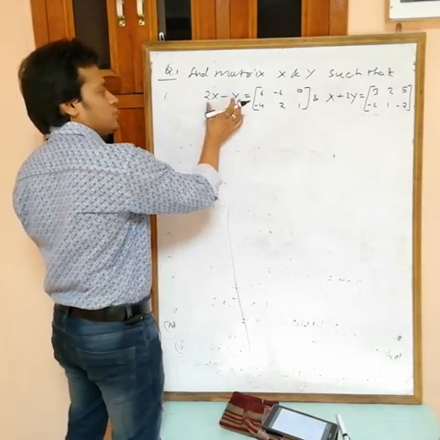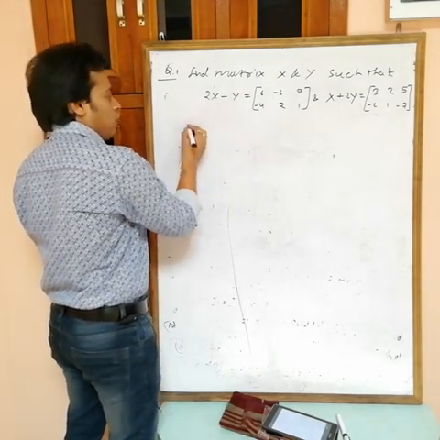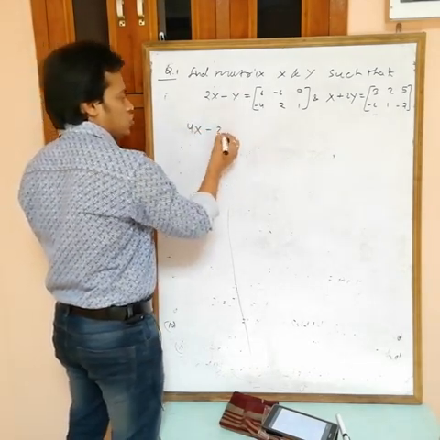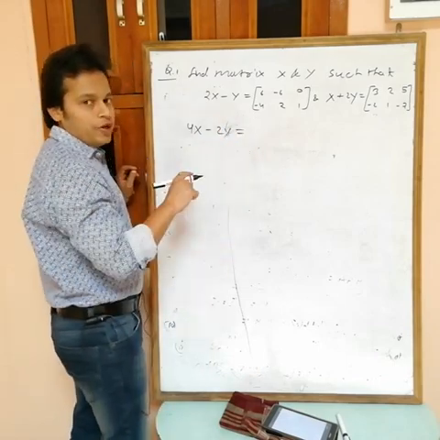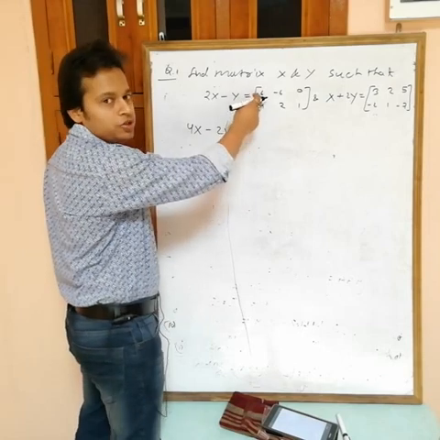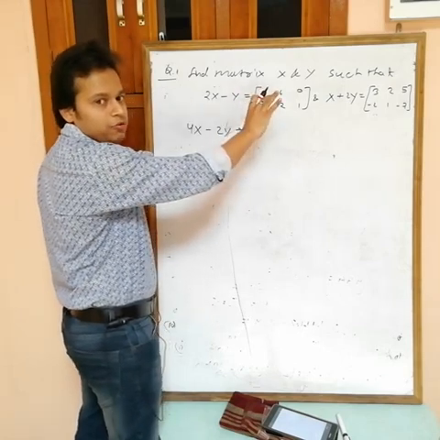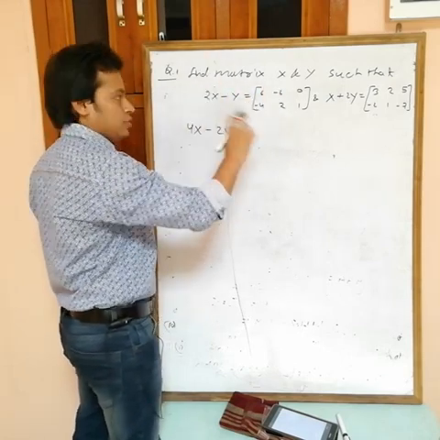If you multiply this equation with 2, then this will be 4X minus 2Y. Okay, Y is capital na. Now multiply 2 with this one also, the complete equation.